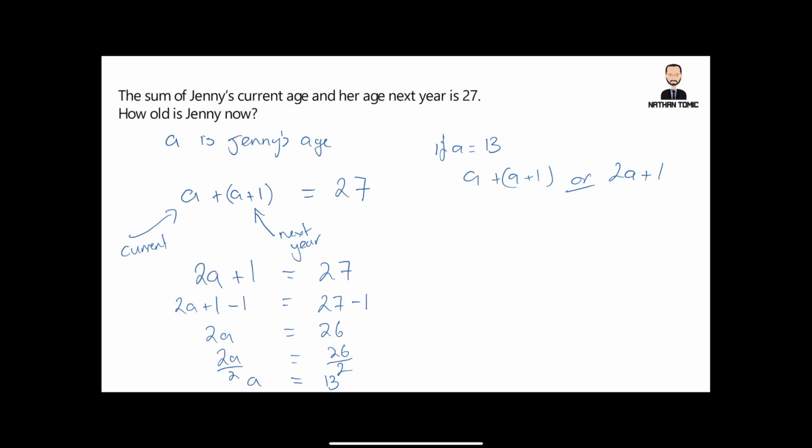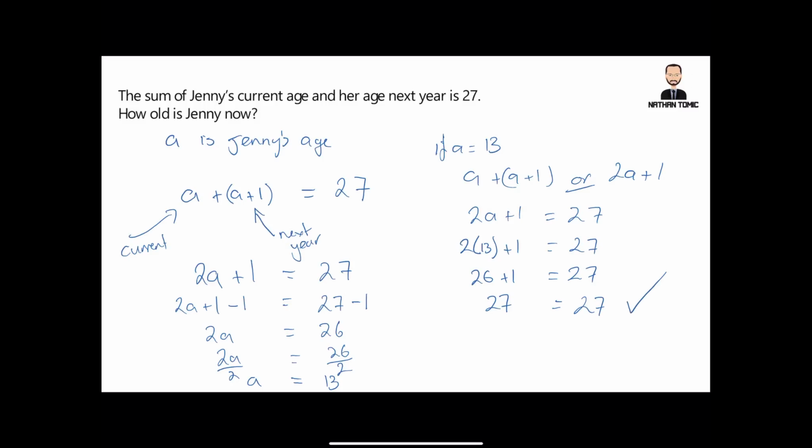Either one of those is the same. If we replace A with 13, I'm going to use this second one here. 2A plus 1 equals 27. That's what we have from the question before. So 2 times 13, replacing the A with 13, plus 1 equals 27. 2 times 13, of course, is 26, plus 1 equals 27. 26 plus 1 is 27, equals 27.